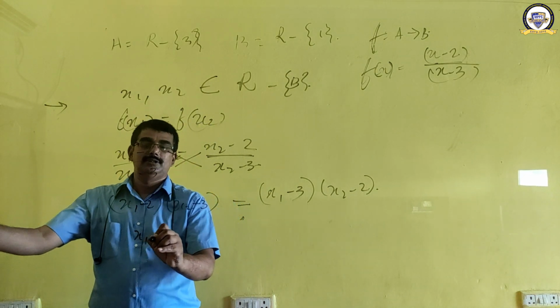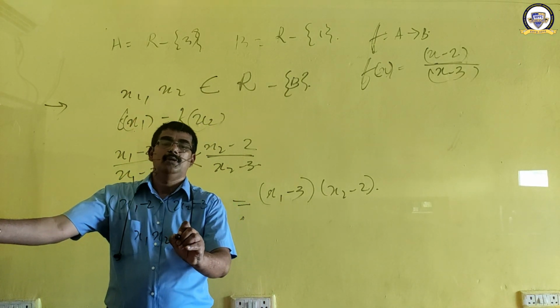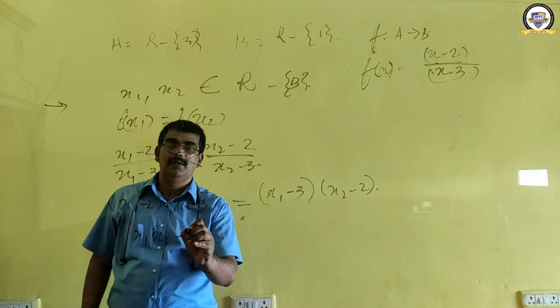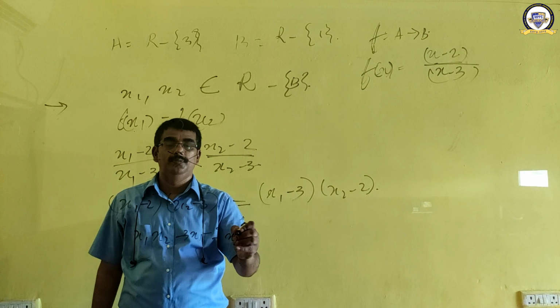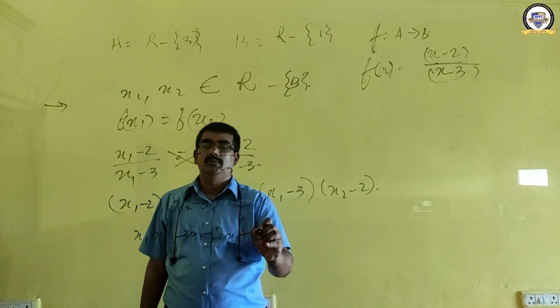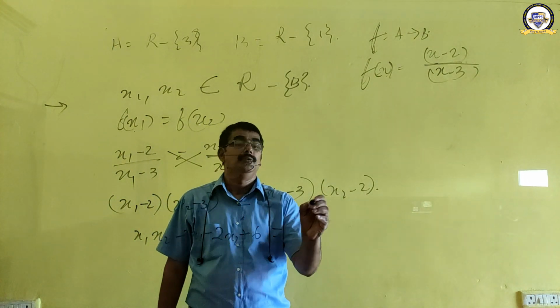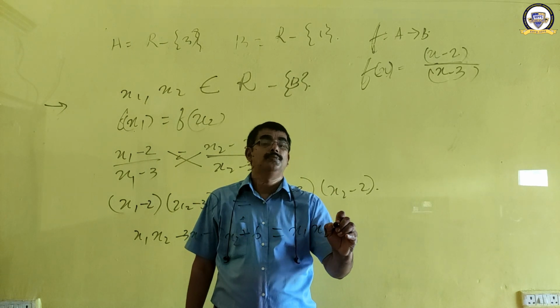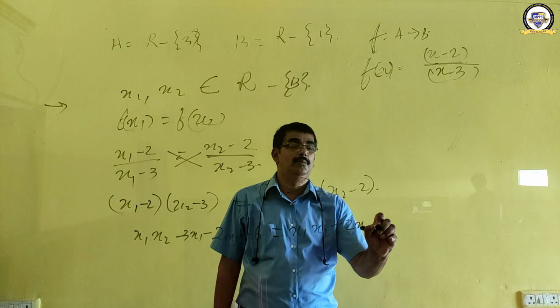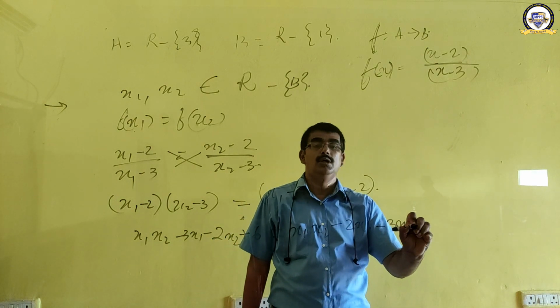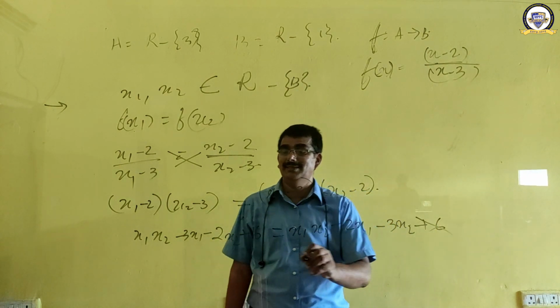So x1 x2 minus 3x1 minus 2x2 plus 6 is equal to x1 x2 minus 2x1 minus 3x2 plus 6.